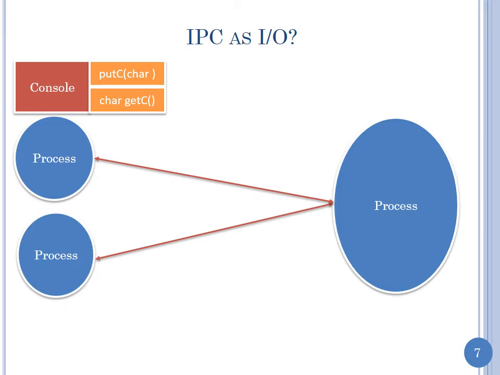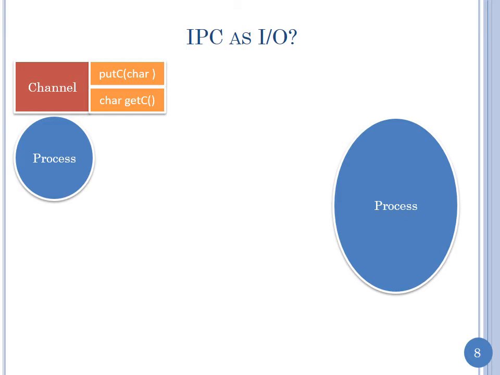So how can we model IPC as I/O? For I/O, we can think of there being an abstract console object, and you do puts and gets on this object. We don't quite have the console object here. Maybe we have another object, and we can call that a channel object.